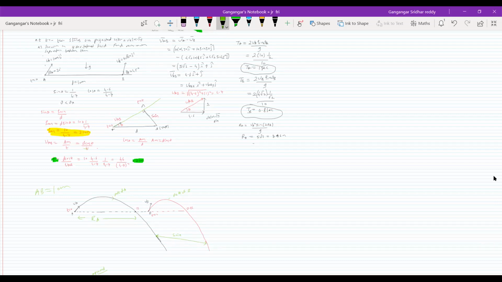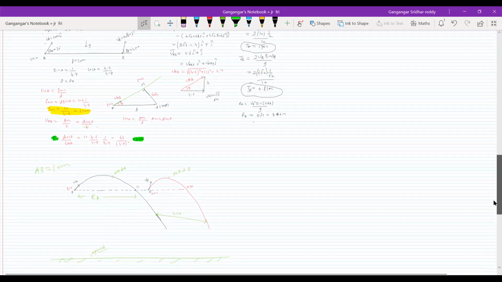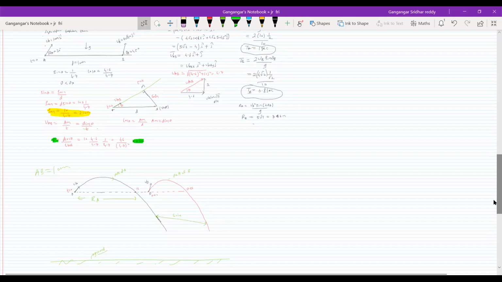So therefore, the actual diagram is like this. All of you getting the idea? Yes, sir. Really challenging questions will come in this area, especially relative motion.